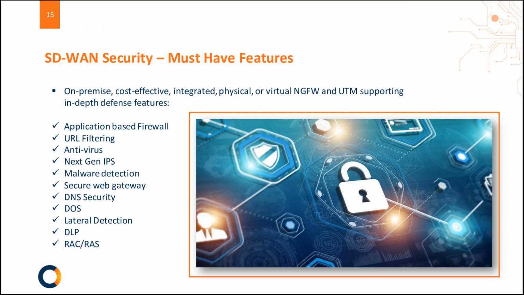So what are the must-have features for SD-WAN security? It must have an on-prem, cost-effective, integrated SD-WAN with UTM and next-generation firewalls, which should support in-depth defense features. It should have application-based firewall and URL filtering. It should have the ability to scan viruses and protect endpoints, like antivirus.